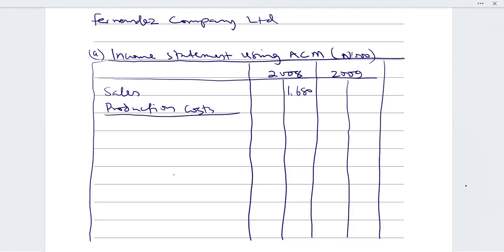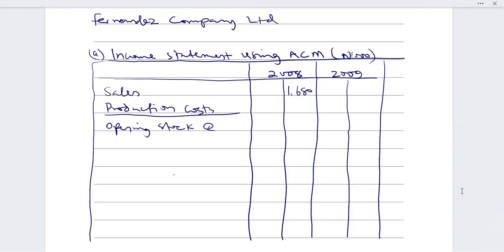Okay, then. The first item under production cost should be opening stock. And we said that, remember, the feature of the absorption costing approach, we said that opening and closing stocks are valued at total cost per unit.